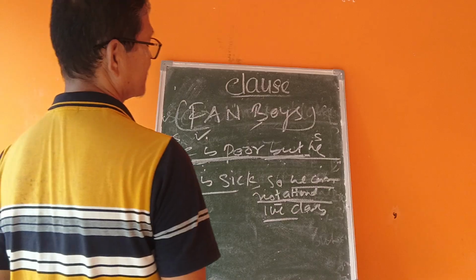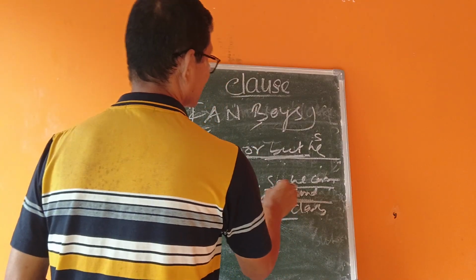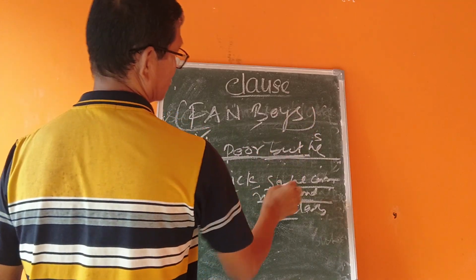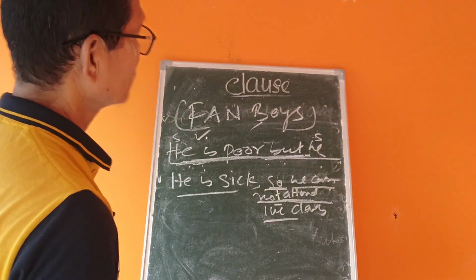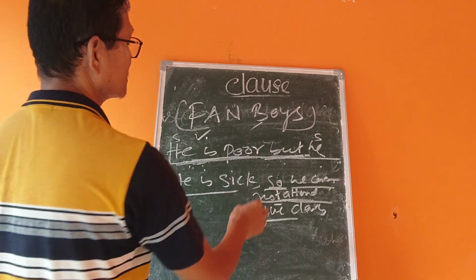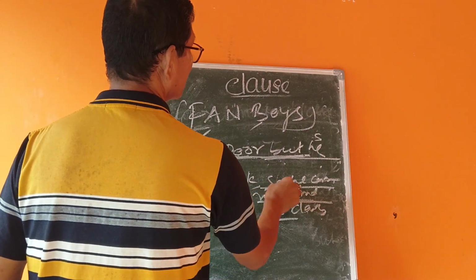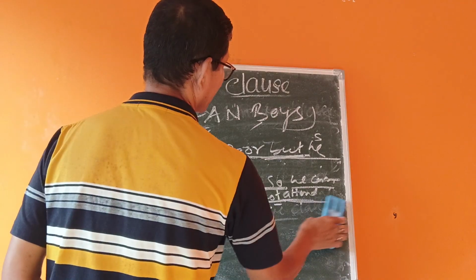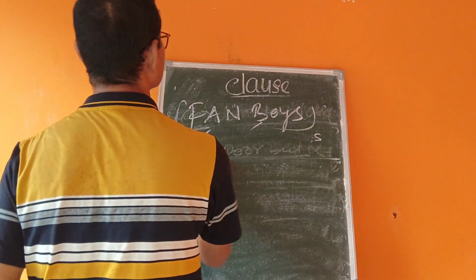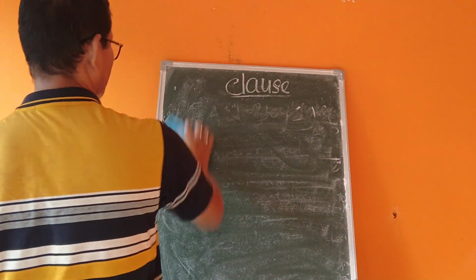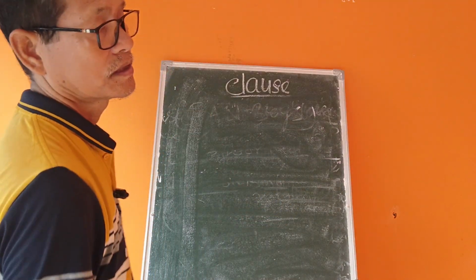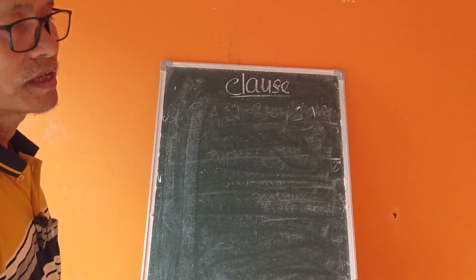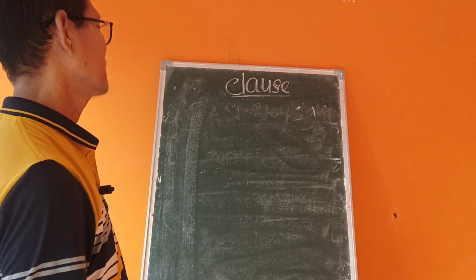A complete sense. And the conjunction is so. So this is a coordinate clause with a coordinate conjunction. If the clause is introduced by a coordinate conjunction, this clause will be a coordinate clause, isn't it? Now I think you understand. That's why if the clause is introduced by the conjunction FANBOY, it will be considered as a coordinate clause.